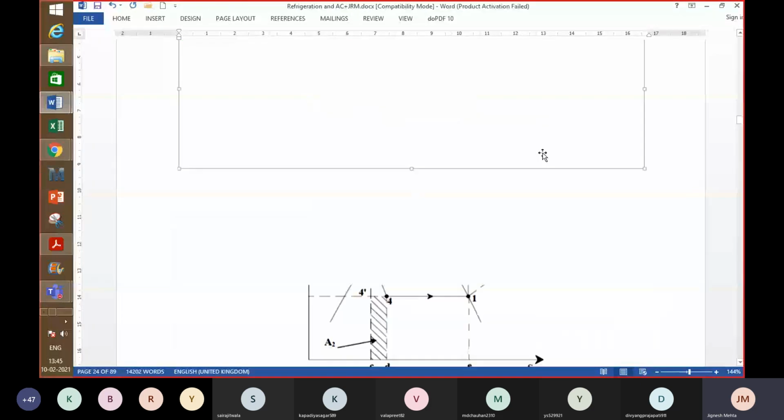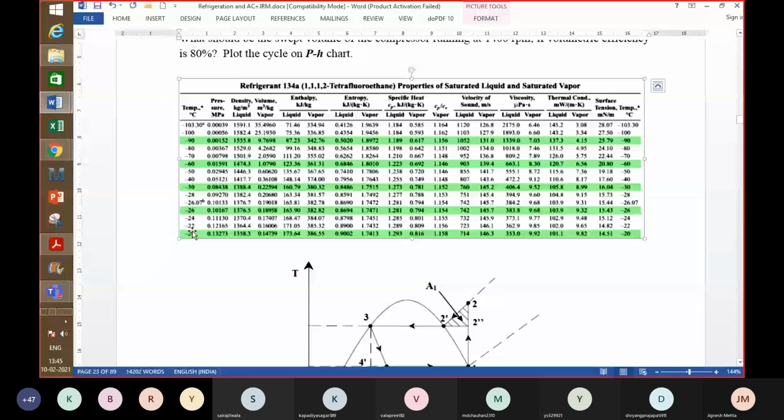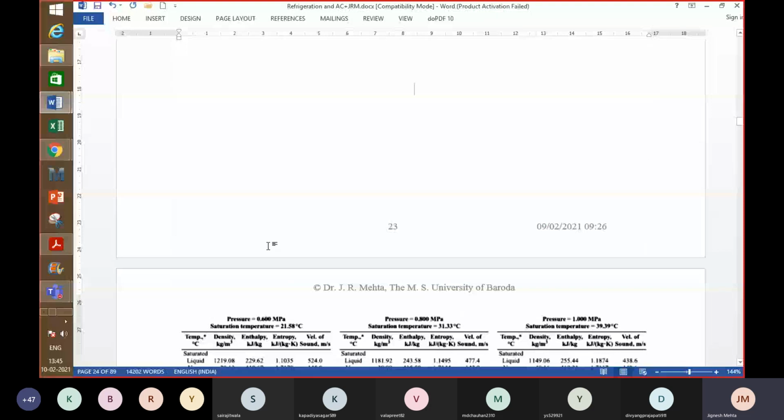So again, minus 20 degrees Celsius and the specific volume of vapor in this column. So it's 0.14739 meter cube per kg. Right?